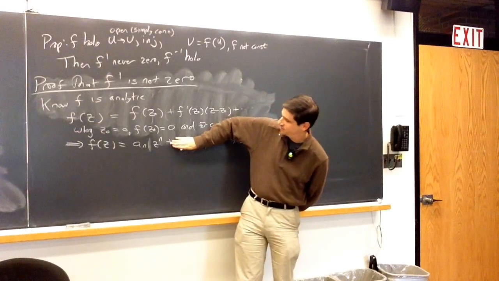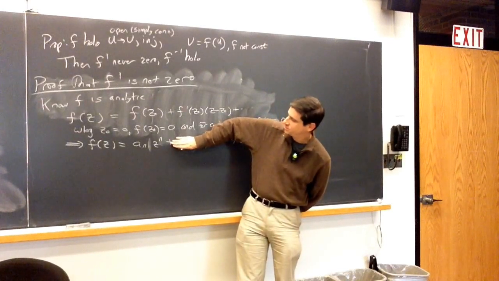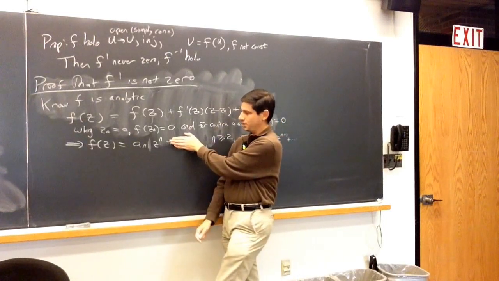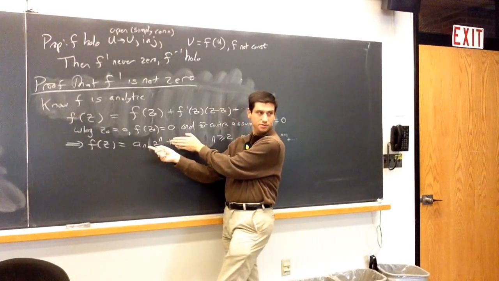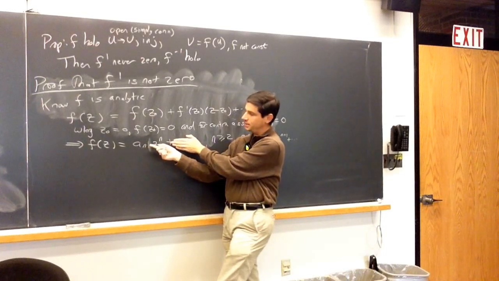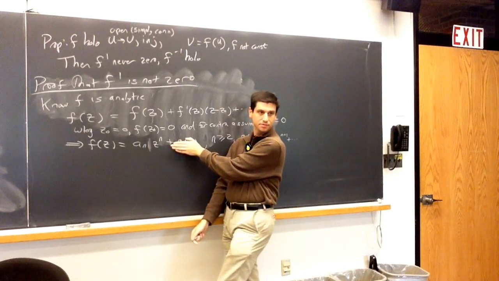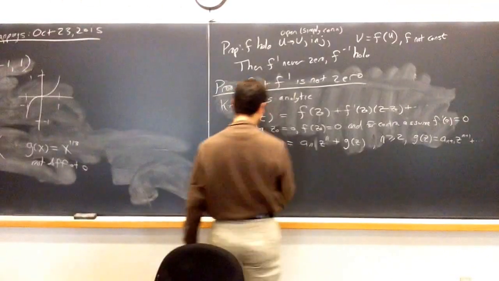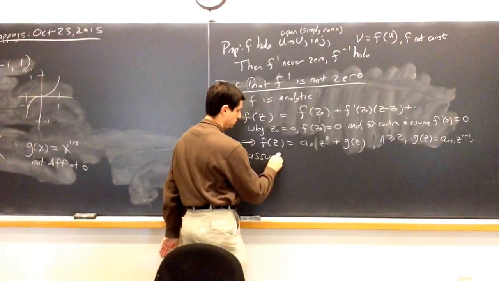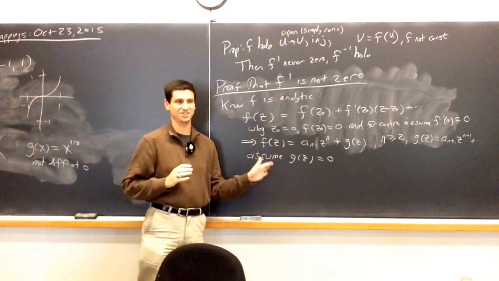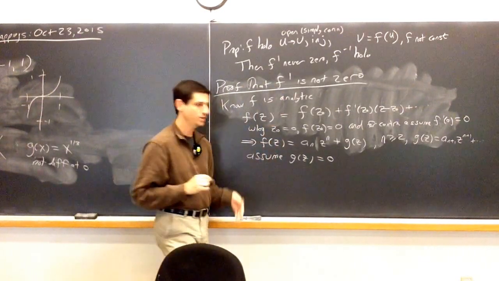So imagine g is 0. Then we have f of z equals a_n z to the n, where n is at least 2. Is this going to be 1 to 1? Or would we have different z's giving us the same output? So let's assume g of z is 0. If we can't even do this case, we're dead. Let's see if we can do that.